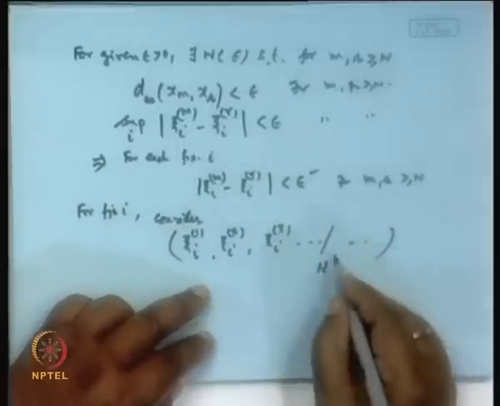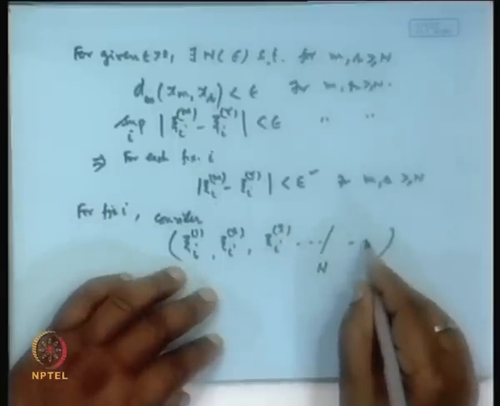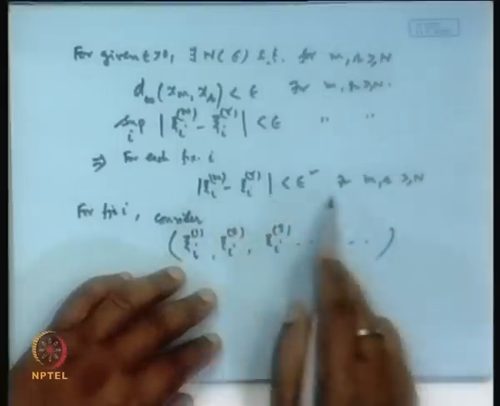Is it not? Because here it will be the terms xi i to the power N, xi i to the power N plus 1 and so on, for which this is true.